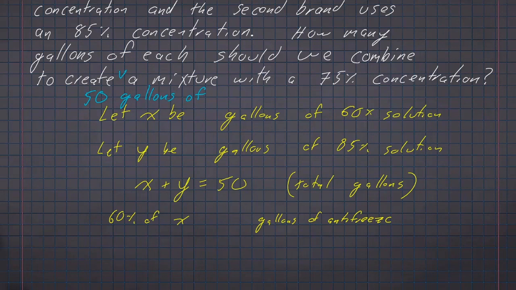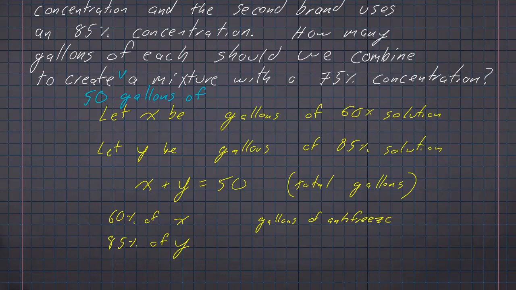The rest of the solution is the solvent, probably water, maybe some sort of alcohol that the antifreeze is dissolved into. Likewise, if I take 85% of Y, that will be the number of gallons of antifreeze that we get out of our 85% solution. The rest of the solution, again, being water or whatever solvent we happen to have used.